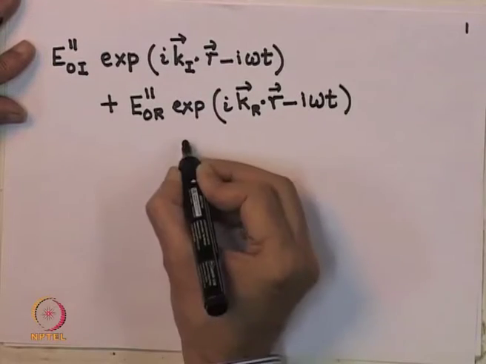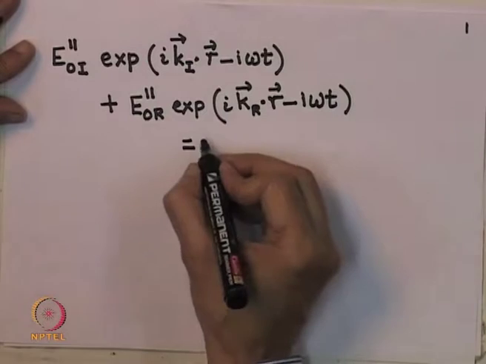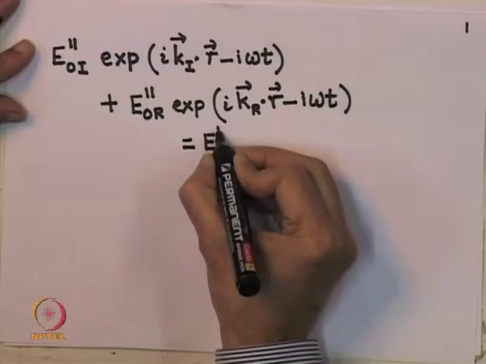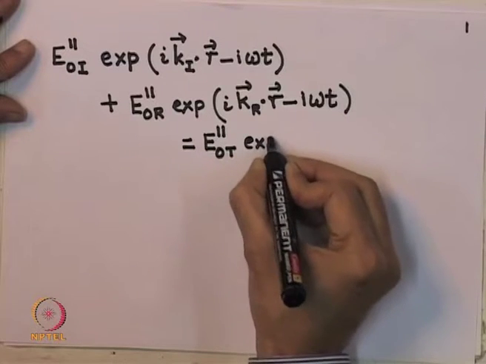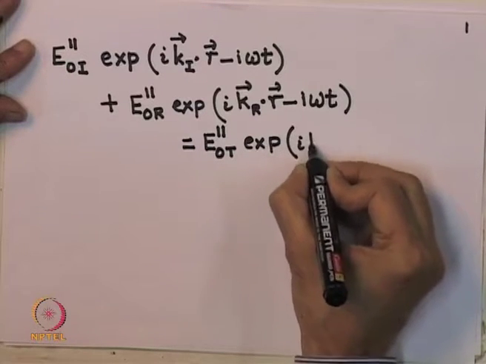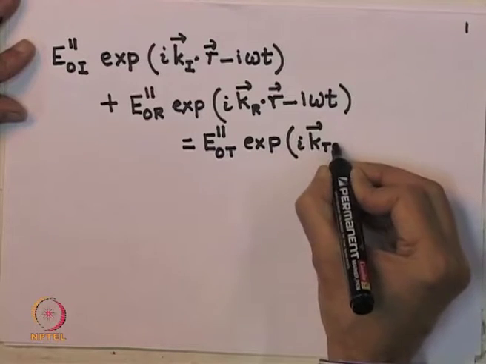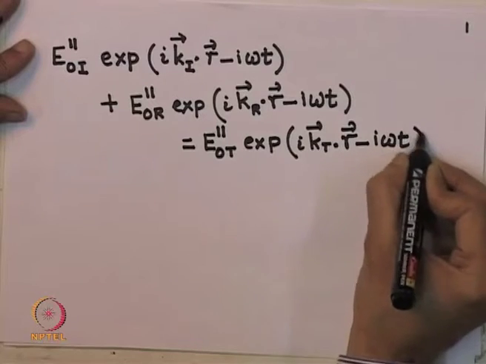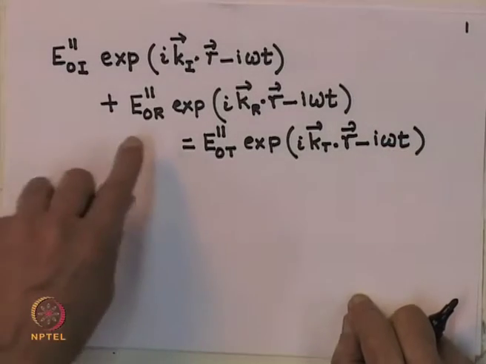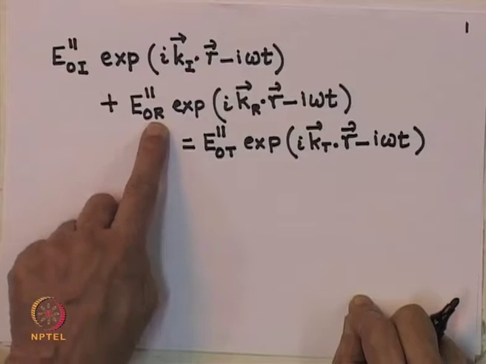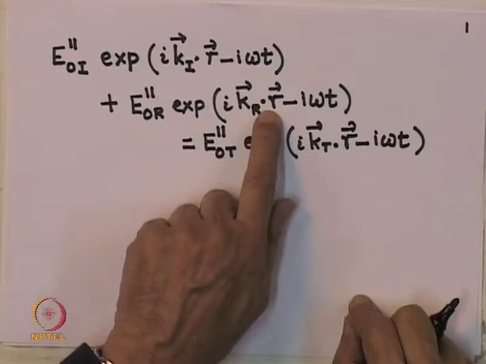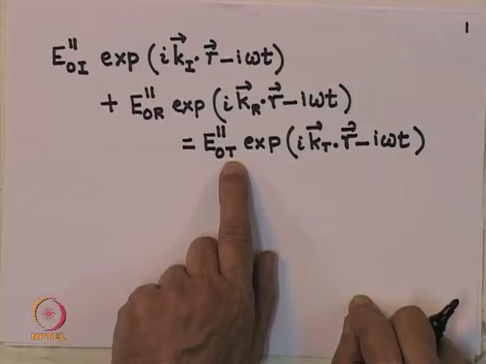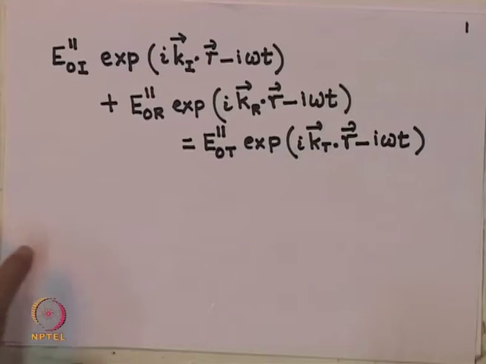This must equal the tangential component of the transmitted ray, which is E 0 t parallel, the transmitted wave, e to the power i k t dot r minus i omega t. I have intentionally used the capital letters, so that reflection R does not get confused with the position vector r, and similarly the transmission coefficient T does not get confused with the time variation t.